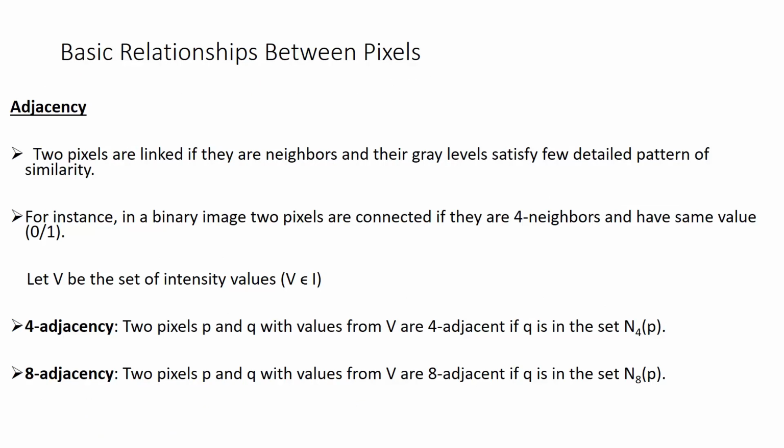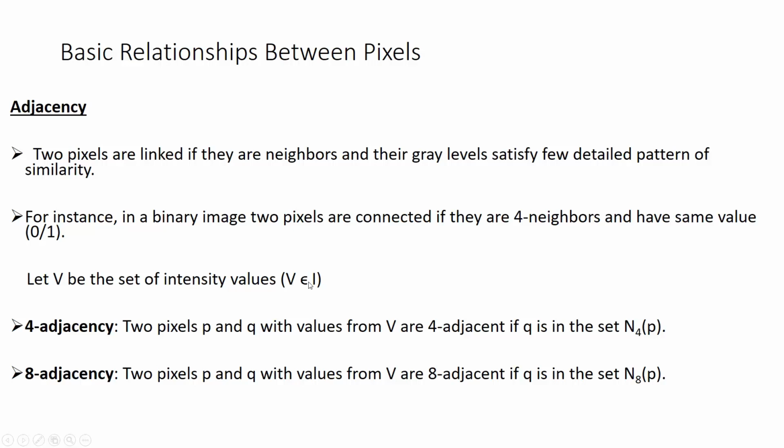Now, adjacency. Two pixels are linked if they are neighbors and their gray levels satisfy some specified criterion of similarity. For instance, in a binary image, two pixels are connected if they are 4 neighbors and have the same intensity value, either 0 or 1. Let V be the set of intensity values.